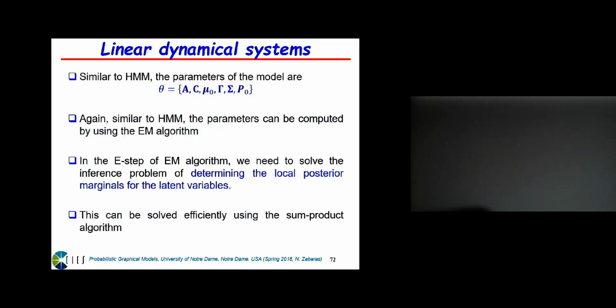In engineering books you will never see this; nobody bothers to tell you how you compute these parameters, but the algorithm here is just a simple application of EM, the same way we worked with hidden Markov models.